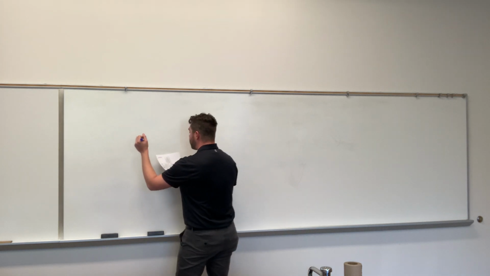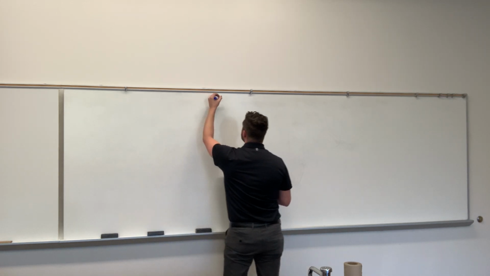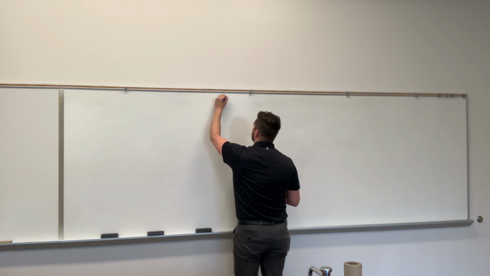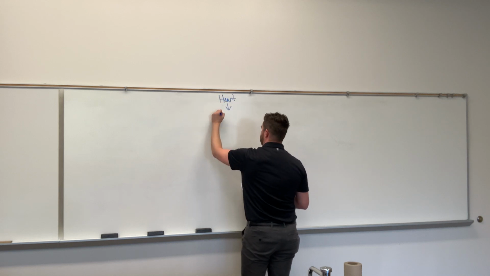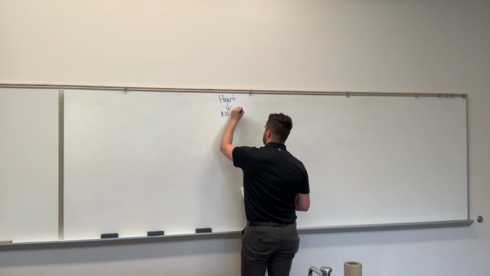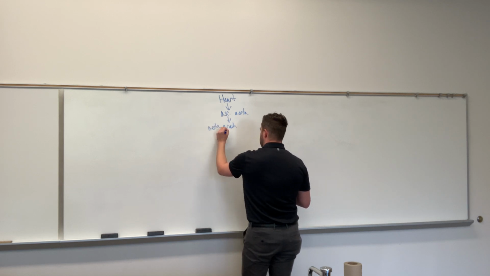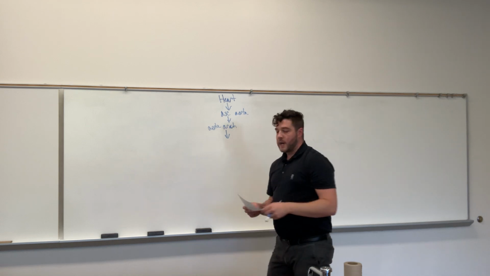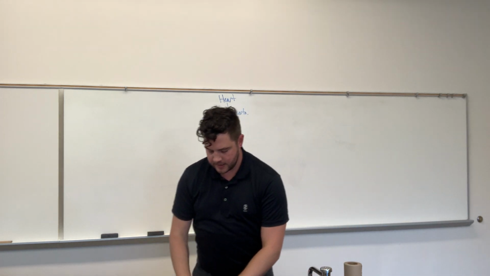So page 53, mapping blood flow to the upper legs from the heart down the body. If we start up here at the heart, again, we're going out. So we have to talk about the ascending aorta, the aortic arch. This time, we're not going to the head, we're not going to the arms, we're going down the body.